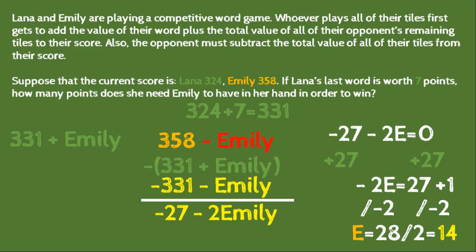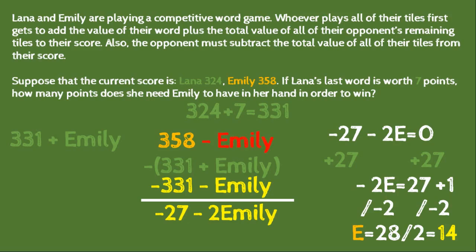Now, we need Lana to win. We need to figure out how much she wins, not equal to Emily. So if we don't want her to equal Emily, we want her to beat Emily, she needs to have at least 1 point more. So from negative 2E equals 27, we can just add 1 more point, which would end up being 28. From that, we can see what Emily has by removing the 2, which is 2 times Emily.